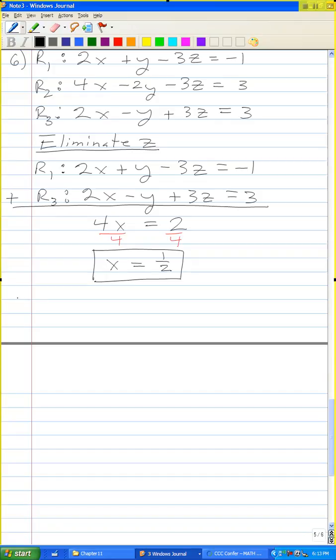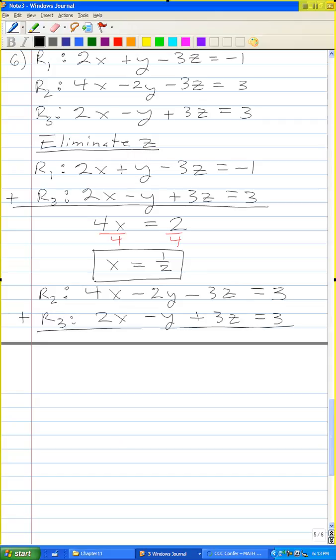Let me do R2, 4x minus 2y minus 3z equals 3. R3, 2x minus y plus 3z equals 3. Let's add these. So I get 4x plus 2x is 6x, minus 2y minus y is minus 3y.